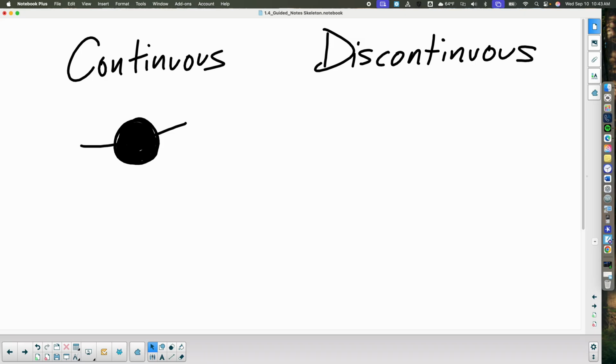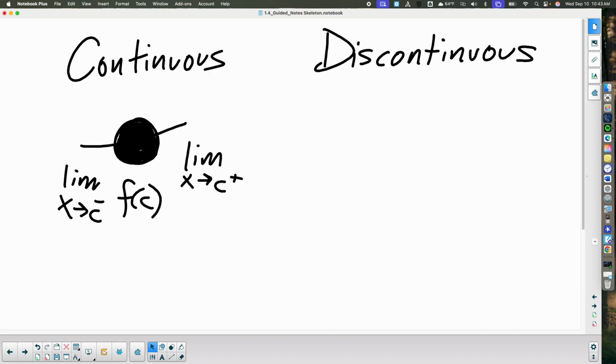A continuous function means the limit from the left, the limit from the right, and the function value in the middle are all identical.